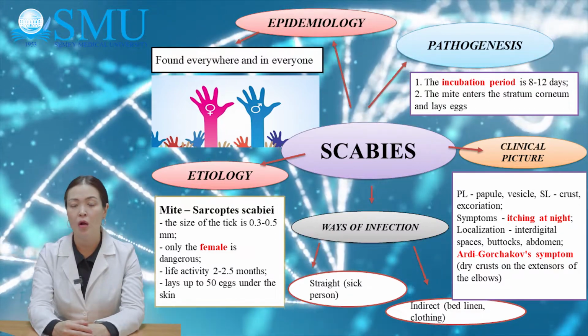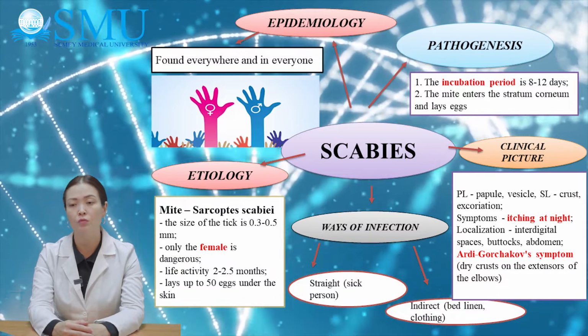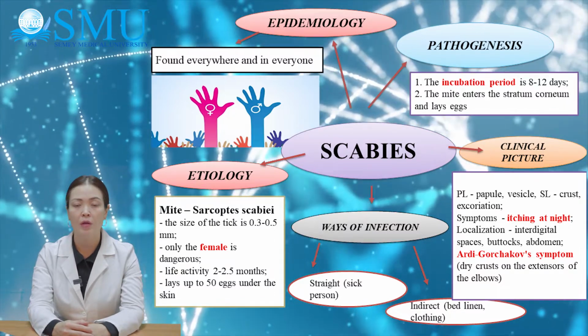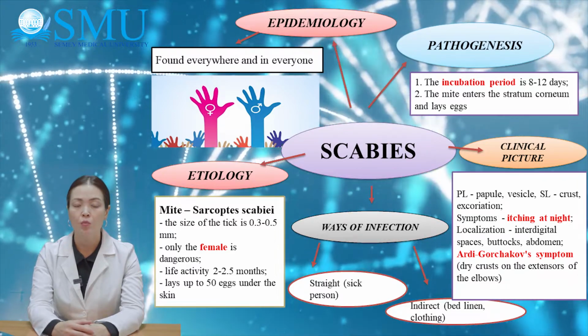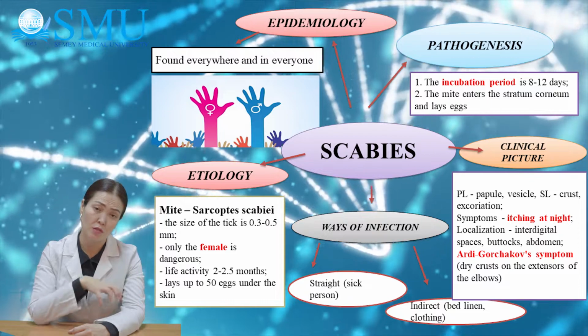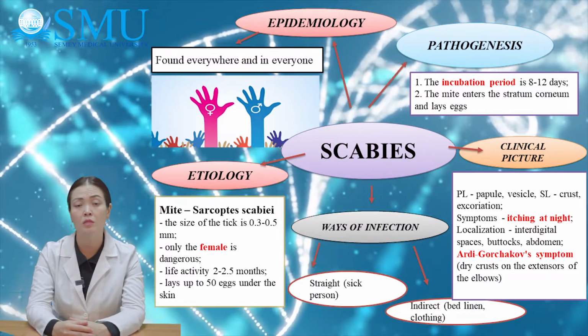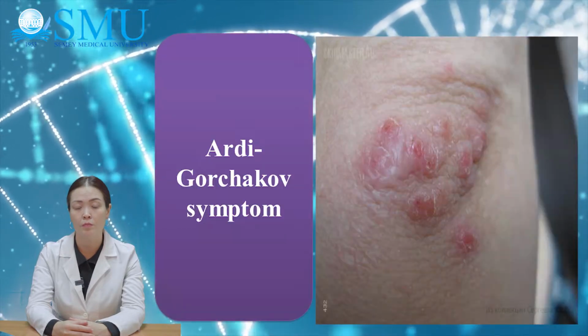It means that her activity starts in the evening and at night. She moves, she eats dead cells of the epidermis, she lays eggs, and when these insects start moving under our skin, we start to feel strong itching. That's why the main sign of scabies disease is nocturnal itching.